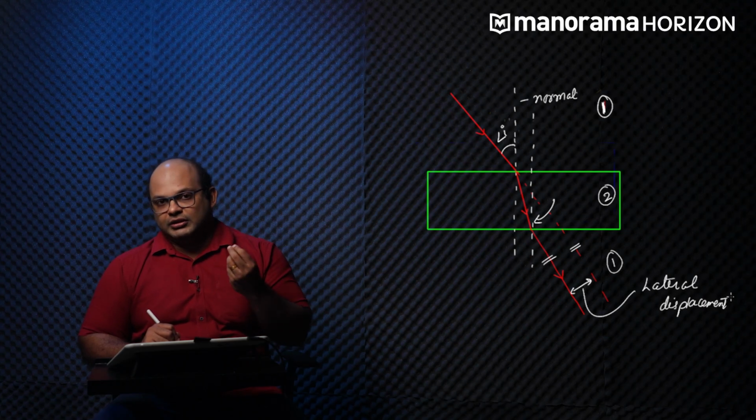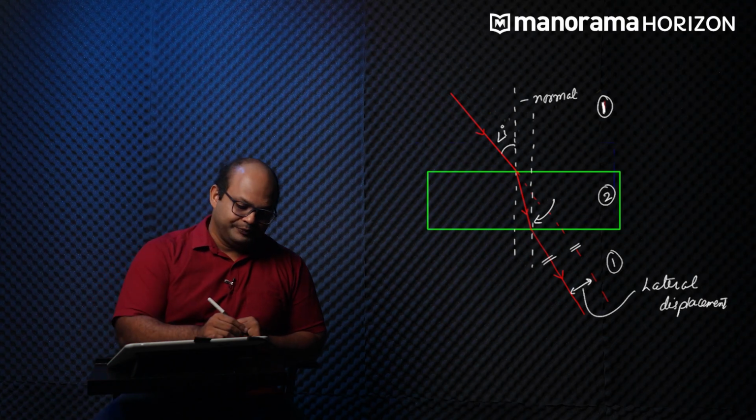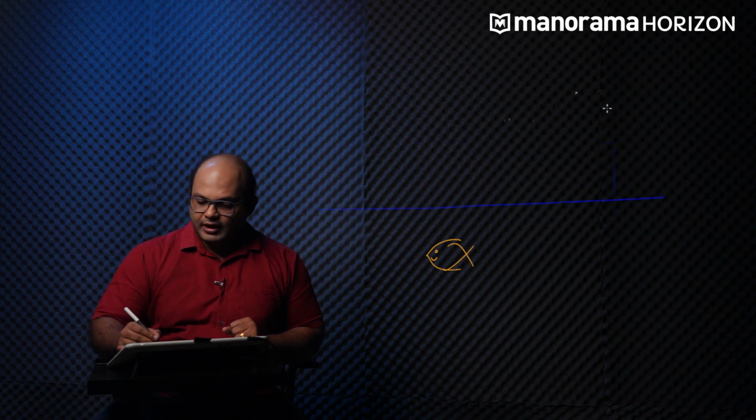Now we will discuss the case where the position of an image seems to change because of the refraction phenomenon. For example, let's take a pond filled with water, and there is a tiny little goldfish in this pond. And you are the observer who is observing the fish through the water.